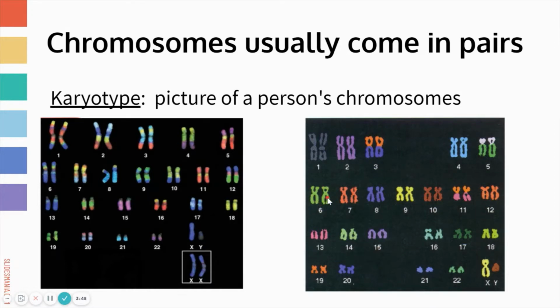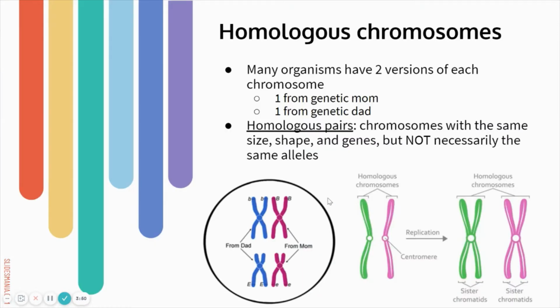So each of our pairs of chromosomes are coming from our mom side and dad side, or we could say maternal and paternal. And because these chromosomes are coming in pairs and it's the same chromosome, but coming from a different source, the word that we use for this is a homologous pair.